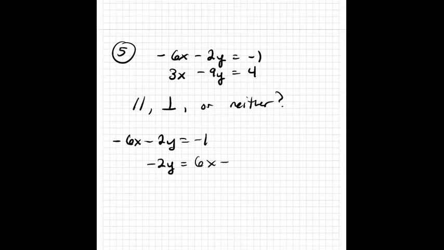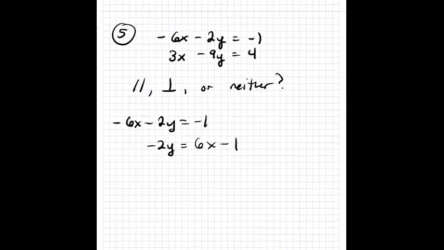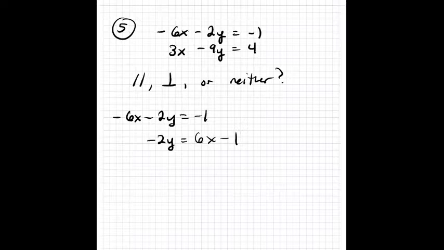Y equals -3x plus 1/2, right? Okay, so the slope of line 1 is going to be -3, right?